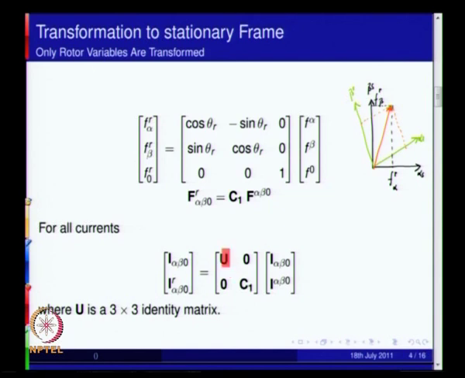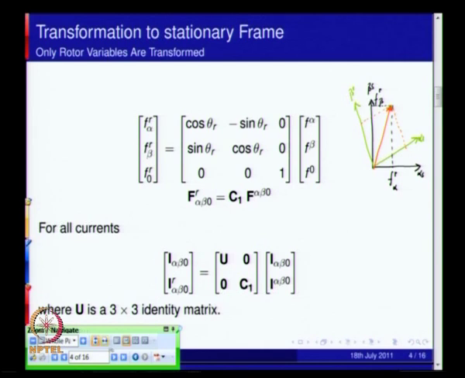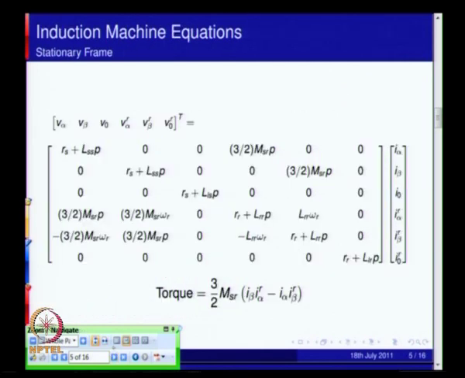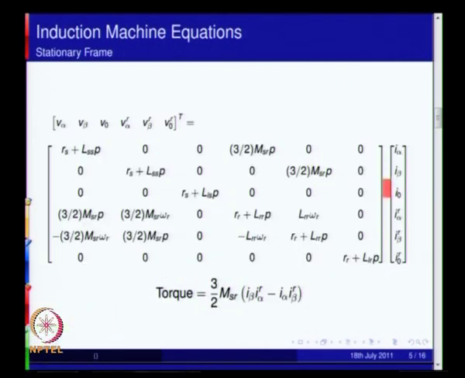So if we apply this to the induction machine equations, what we will end up with is an equation set that looks like this. You have V alpha beta 0 of the stator, V alpha beta 0 of the rotor now in the stator reference frame is equal to this impedance description multiplied by the vector of I, and here you see that the angle dependency in these mutual terms is now no longer there.